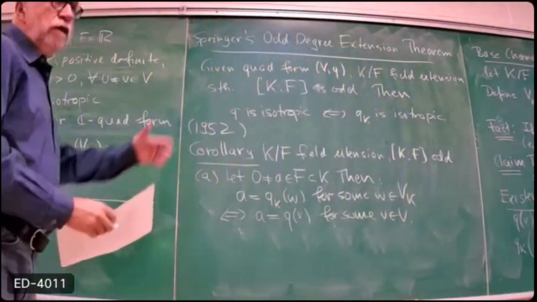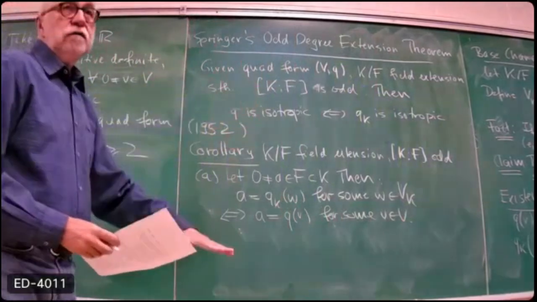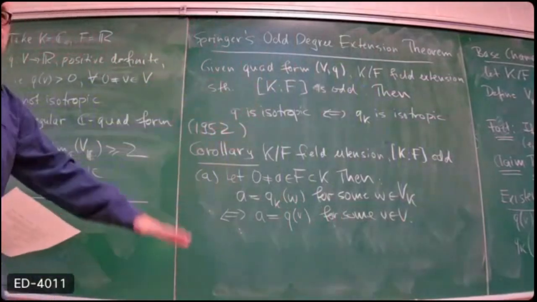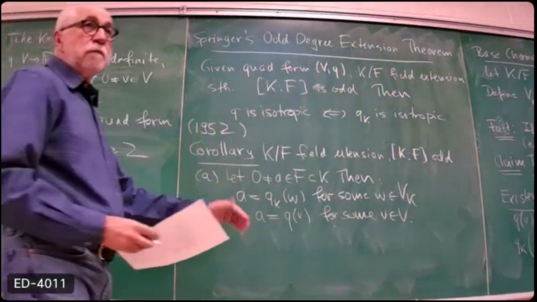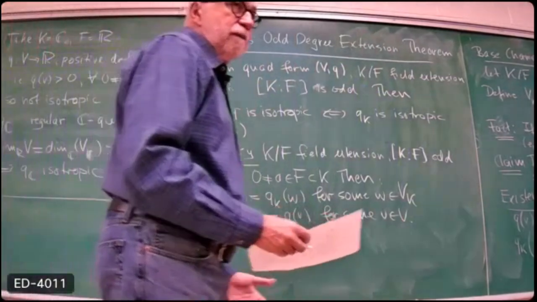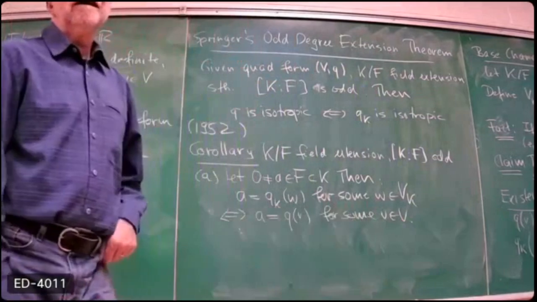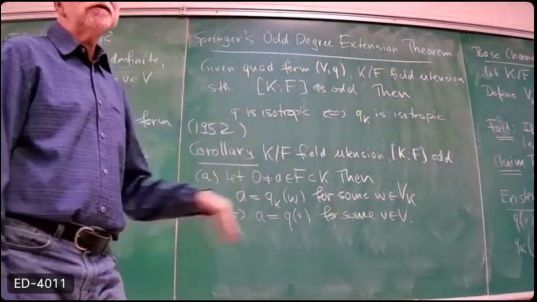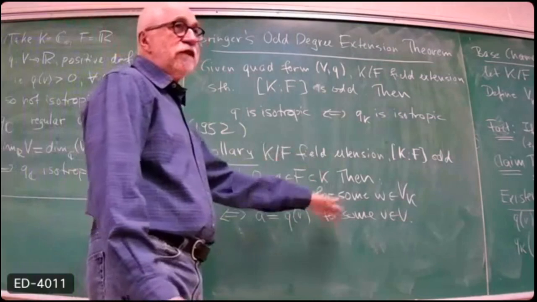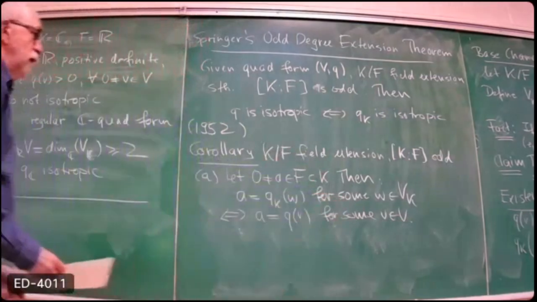So not only can we go down for the value 0, but also for non-zero values. For those who were at the lecture yesterday, this is one of the things which I used. Okay.